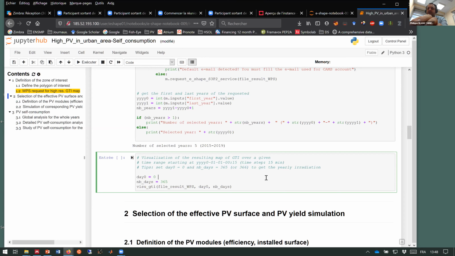So here I can choose the first day of computation. I am choosing an easy one, the 1st of January of my first year, 2015, and the number of days. For the first example, I will have only 5 days of visualization. So I do the run.